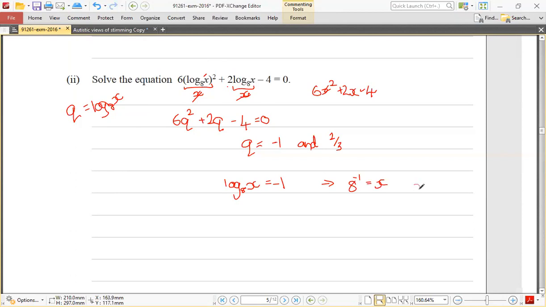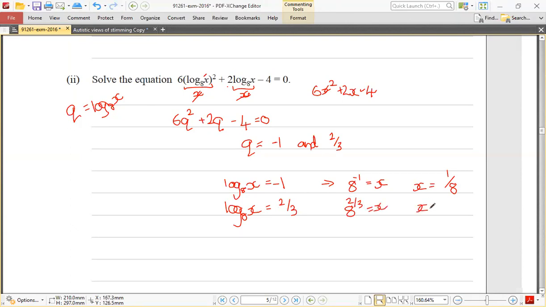So what does x equal? What's 8 to the power of -1? What's a negative index? 1 over 8. It's a fraction. Yep. So the next one is going to be 8 to the power of 2/3 equals x.